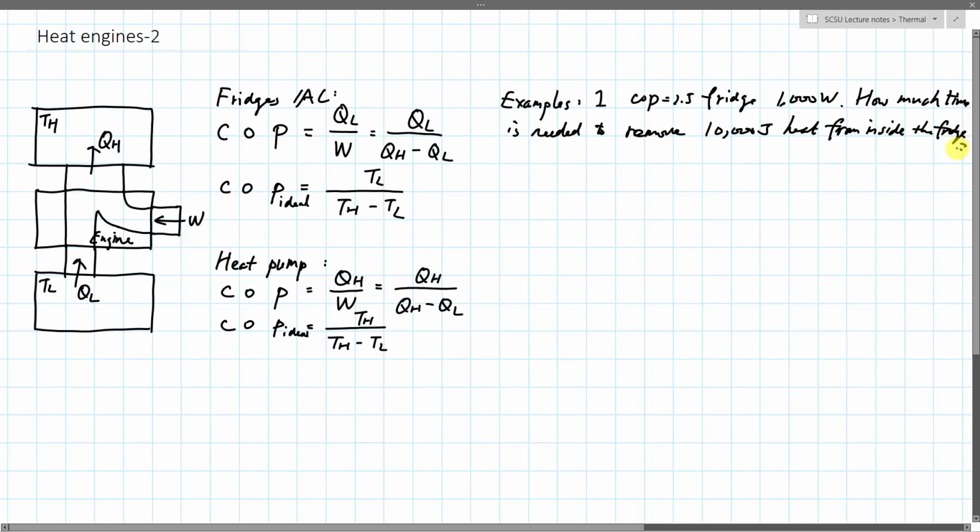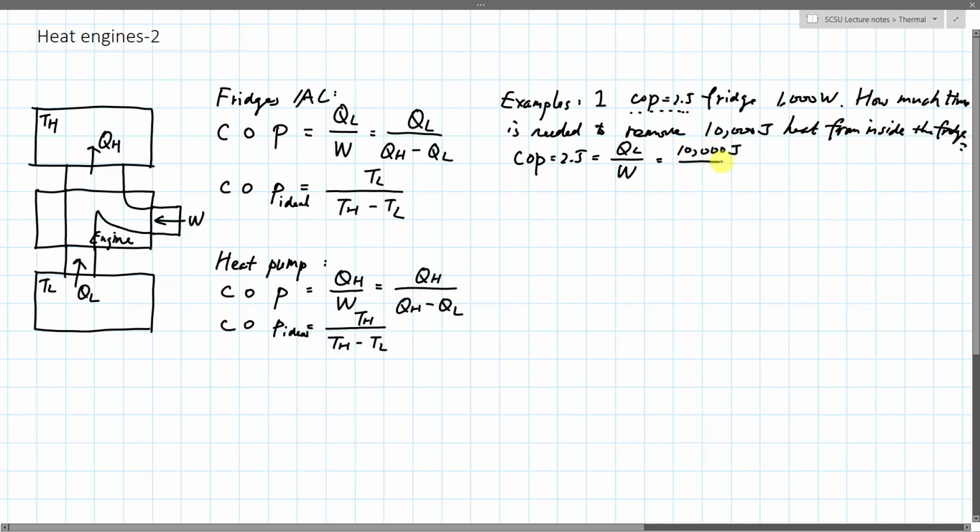We're looking for time, and we have the wattage. At least we know the COP is equal to 2.5, which is how much heat can be removed over how much work has to be done. And we want to remove 10,000 joules of heat.